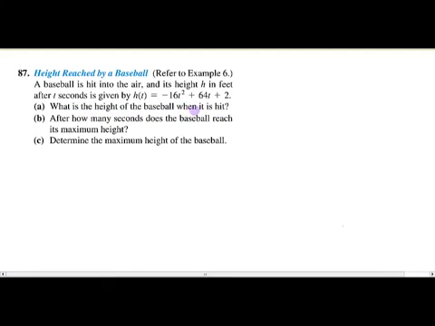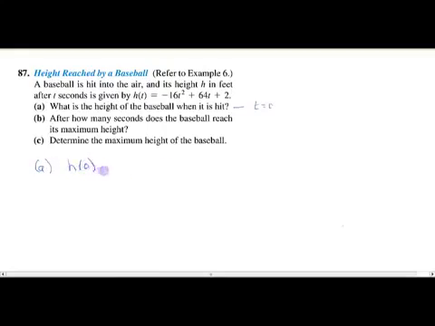And the moment that that ball is hit is t equals 0, because t is the seconds after it was hit. So we know here that t equals 0, and that will help us to find the height of that baseball. So let's come down here. We go h of 0.